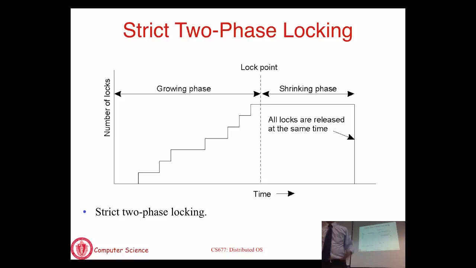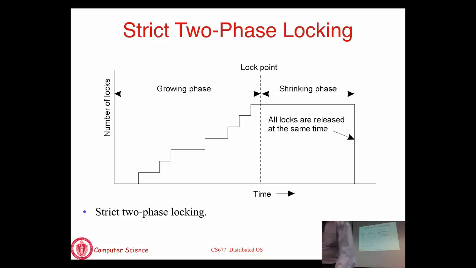Other transactions that access other records can execute in parallel, because they work on independent parts of the database. Yet, because you are grabbing locks, there will be no conflict. Once you commit, you will be sure that there will be no conflicts.